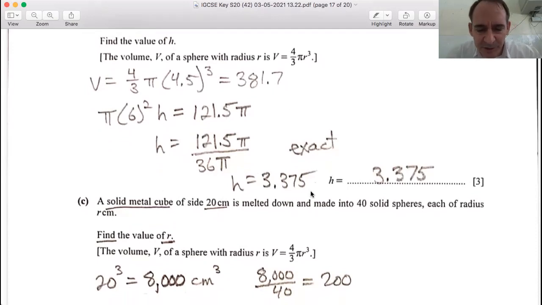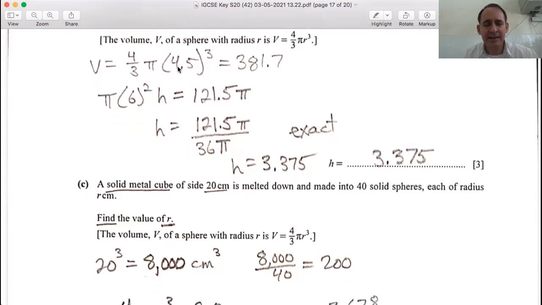Notice the decimal does not run off the end of your calculator, meaning this is an exact calculation. So you don't go by the three significant figures when you have an exact calculation. So 3.375 is the answer that you should get. And again, it's helpful in this case if you leave the pi as a variable instead of changing it to its decimal form.